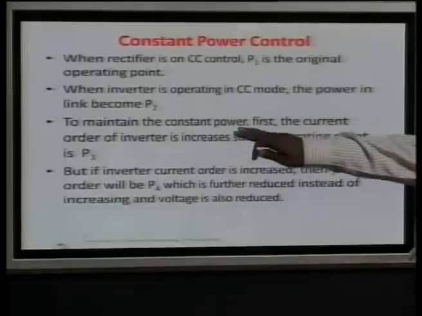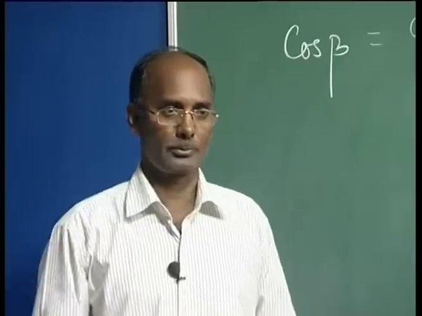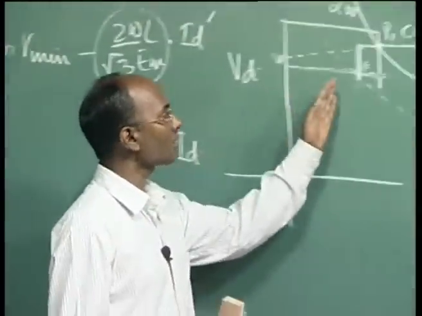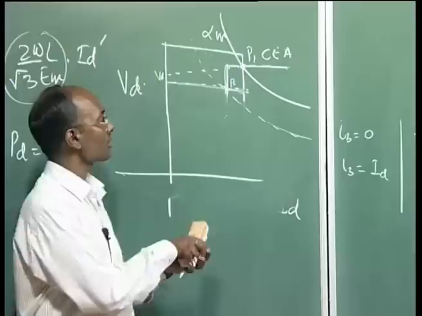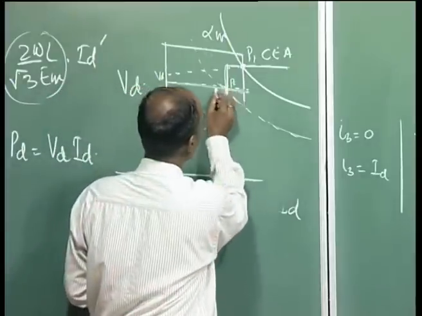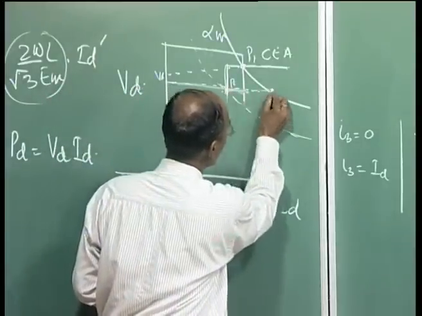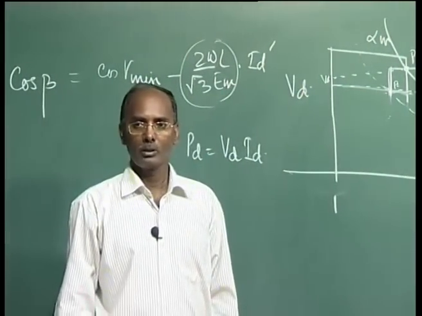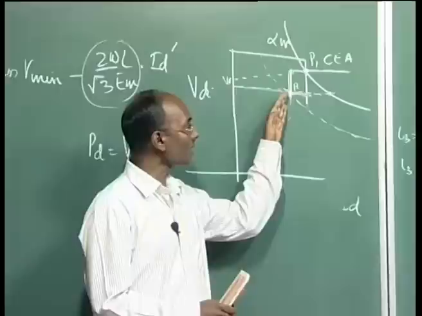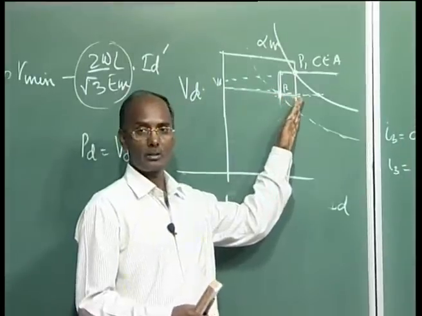Now, to maintain the constant power, there are two options: we can increase the current here, so that this intersection can be there. So, one option is that we increase this current or we increase that current.